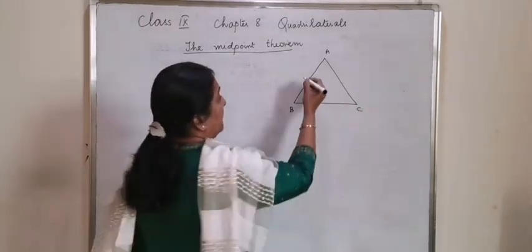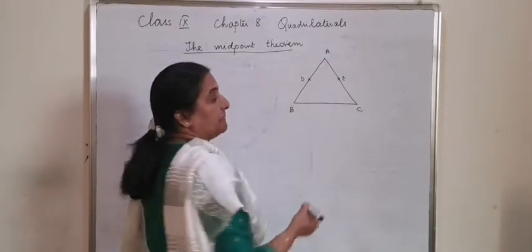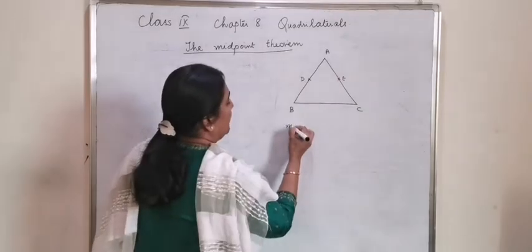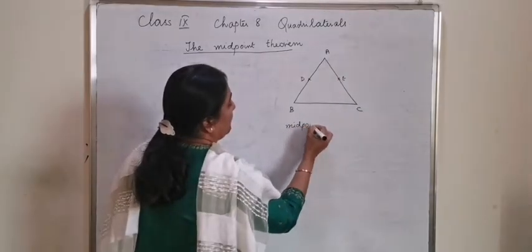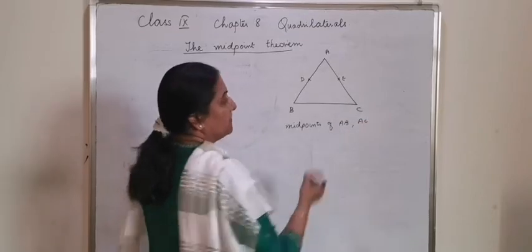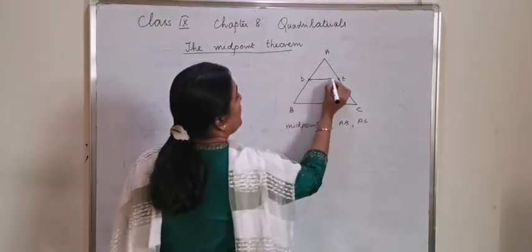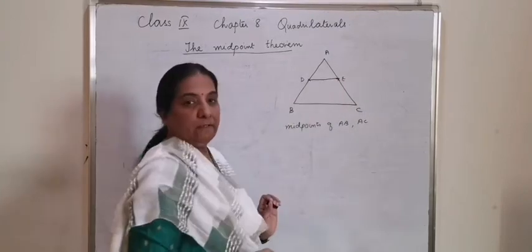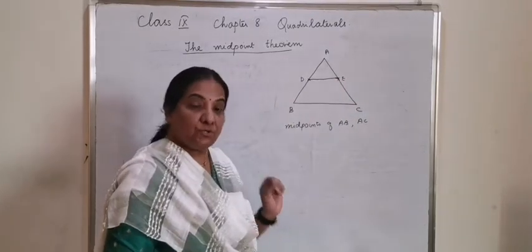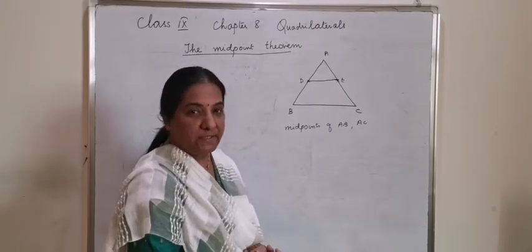If D and E represent the midpoints of AB and AC, if you join DE, you can see two conditions here, or you can arrive at two conclusions.